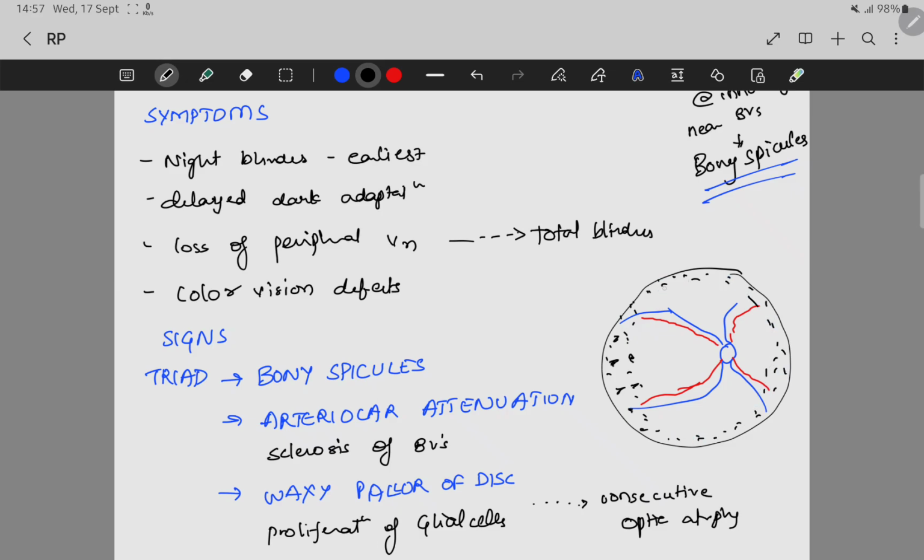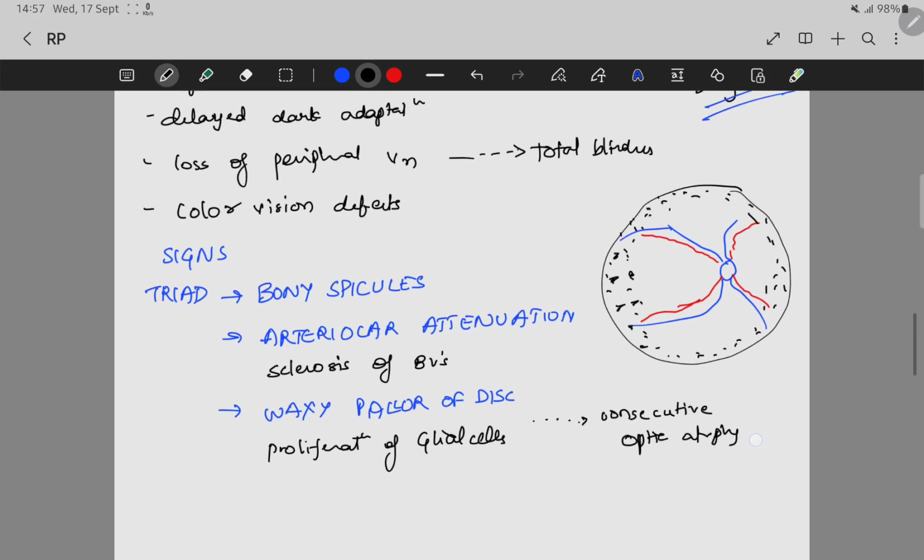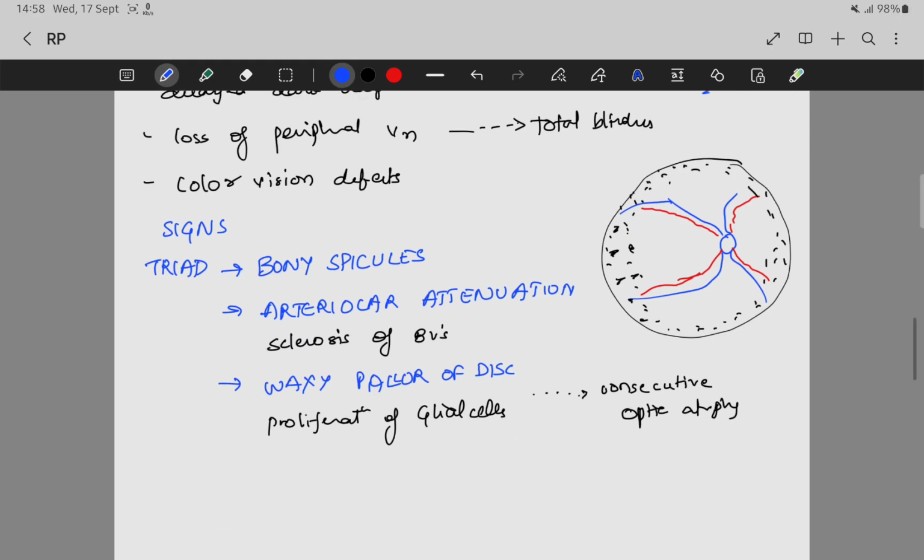This is the characteristic appearance of retinitis pigmentosa. In the macula there can be maculopathy, atrophic cellophane type, and in the signs we can also find visual field changes, that is ring scotomas due to equatorial degeneration, right?